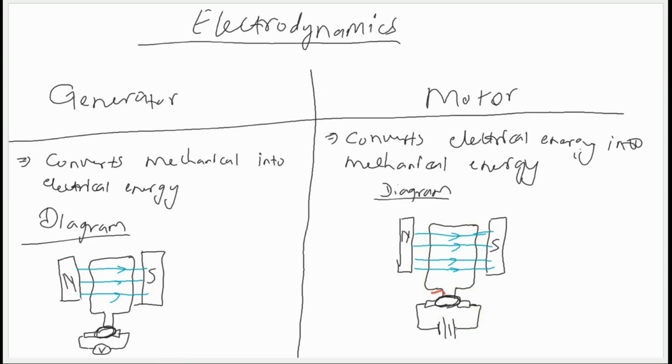So this is a coiled wire, the same as the generator. This is a coiled wire, and then here are some rings. We have different types of rings, so we're going to talk more about them as we proceed. And these little boxes here are something called carbon brushes.